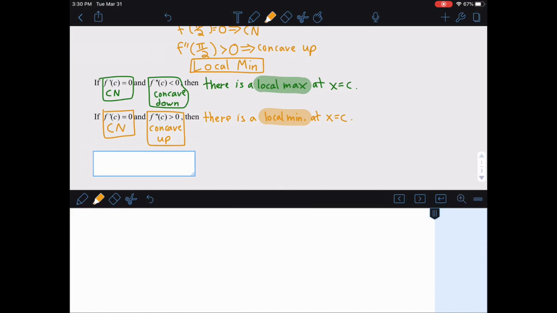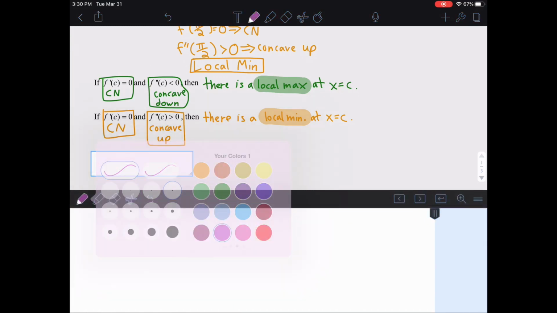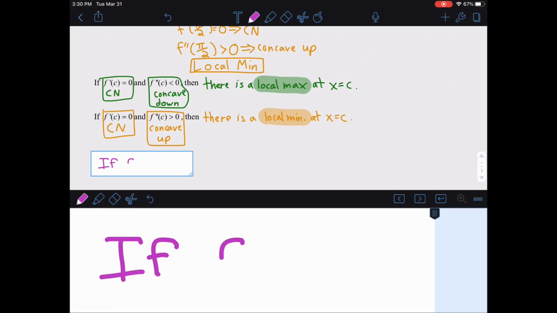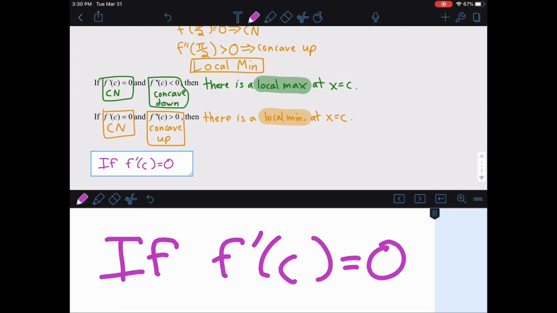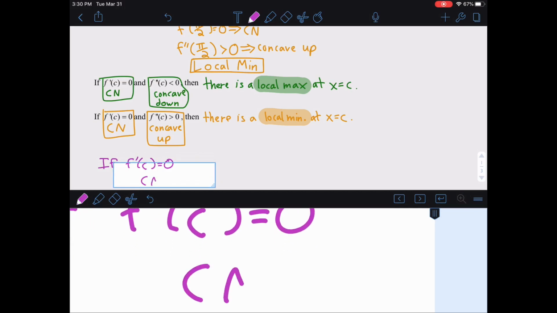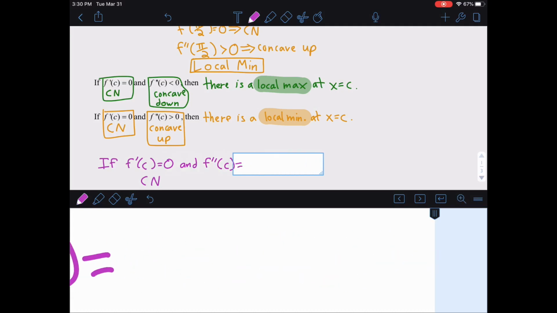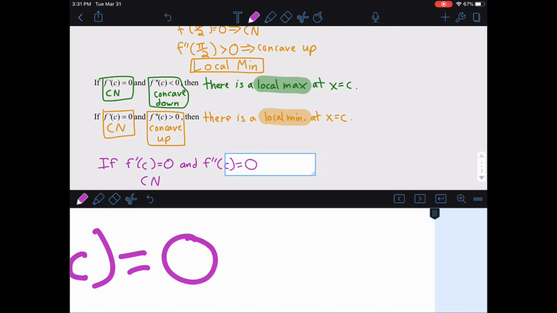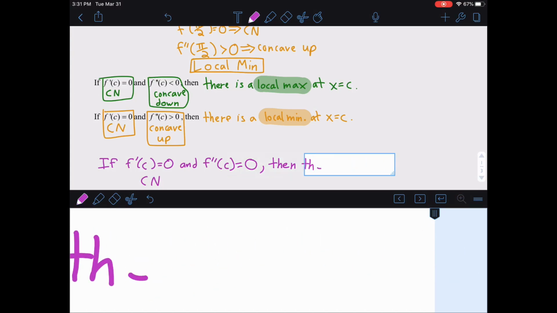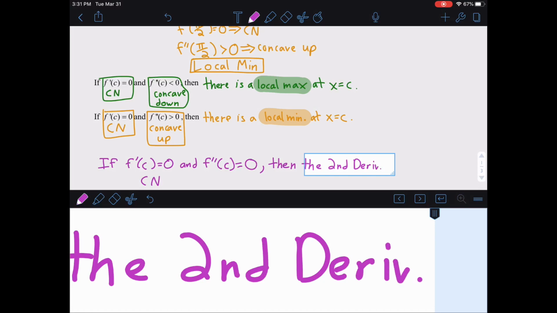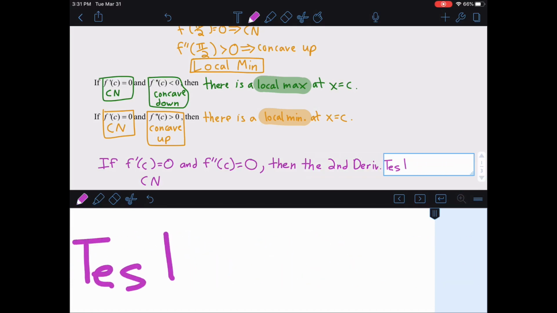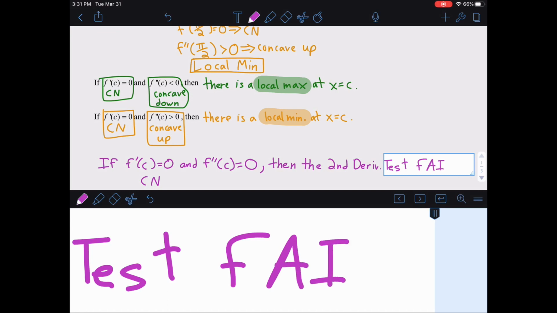Now, there is one thing I do want to add here that's going to be very important. If f prime of c equals 0, so again, that means we have a critical number, and f double prime of c, so if I plug that c value into my second derivative and it gives me 0, then the second derivative test fails.